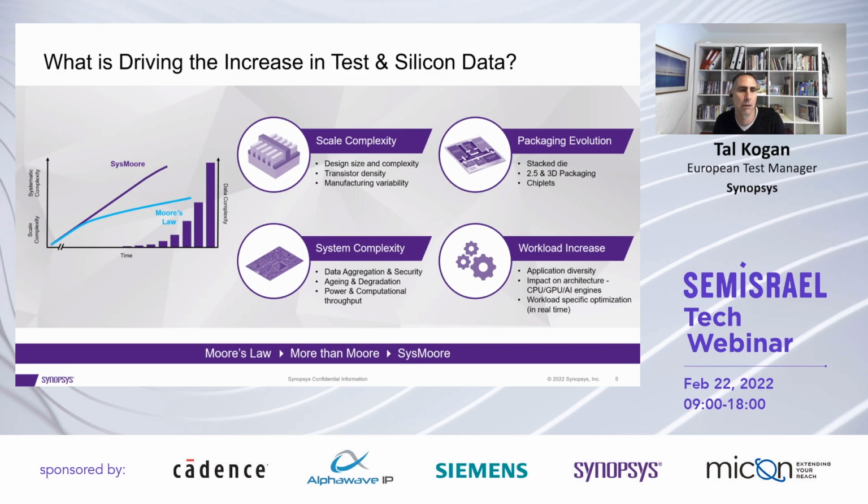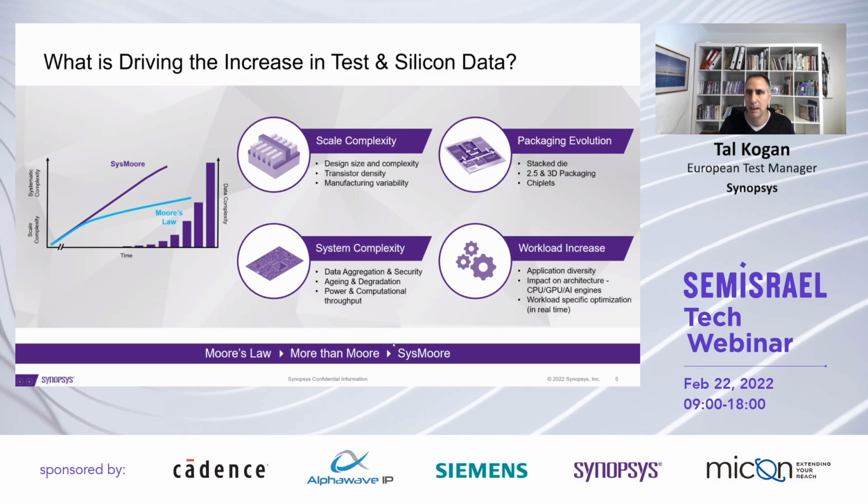Now, we're used to talking about Moore's law, and that's fine, but we came to notice that in order to adhere to this rising complexity in all arenas, we actually need to talk about something we call at Synopsys Sys-Moore, which is actually more than Moore's law, as you can see here.